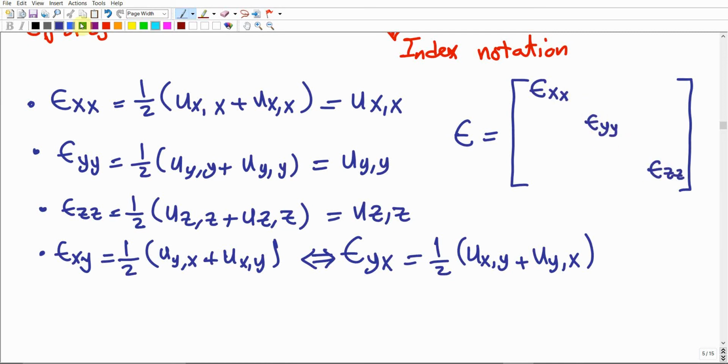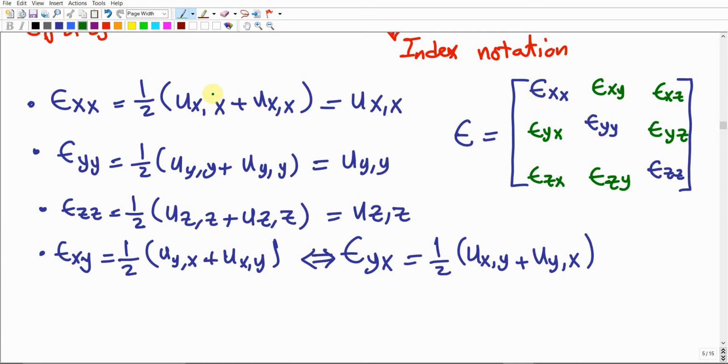The off-diagonal components, I'm going to use a different color. So we do have the epsilon xy here, it should be epsilon xz, and there it should be epsilon yx, and here it should be epsilon yz, and this one should be epsilon zx, and here it should be zy, right? So these are the off-diagonal components, the green ones, and the diagonal components are the blue ones, right?